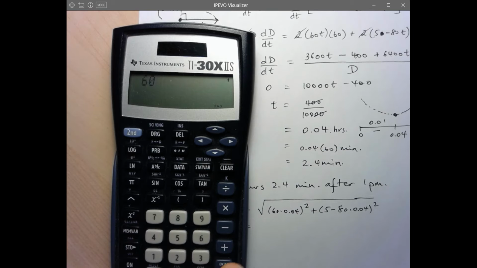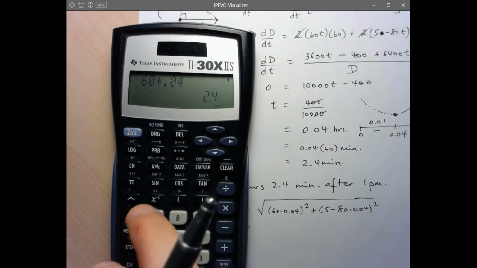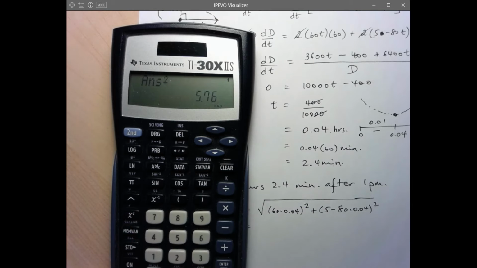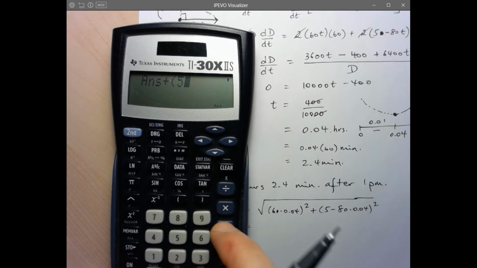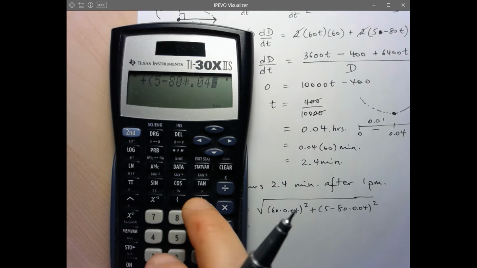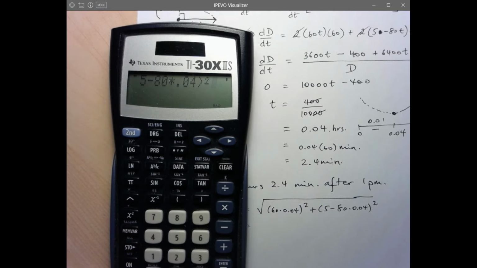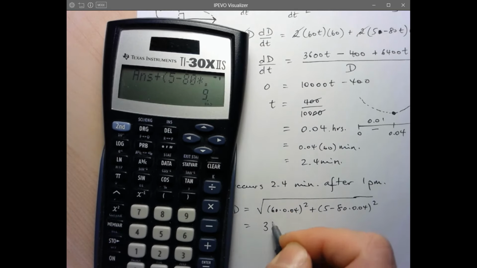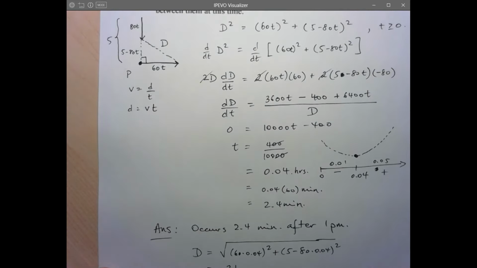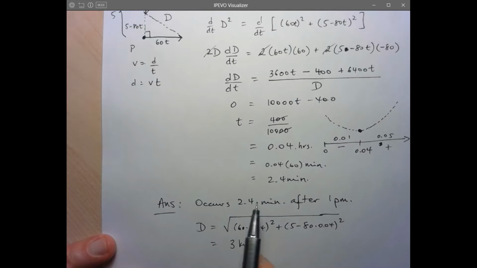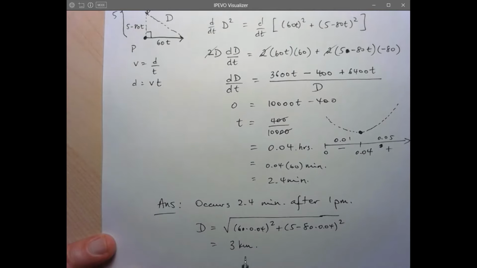So 60 times 0.04 squared, and then plus, let's put this whole thing in brackets, 5 minus 80 times 0.04 all squared. And then the square root of that is just going to be equal to 3 kilometers. So there we have it. It occurs 2.4 minutes after 1 p.m. and their closest distance to each other is 3 kilometers.